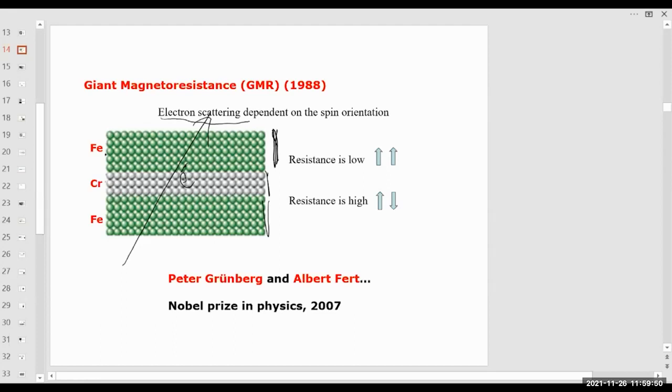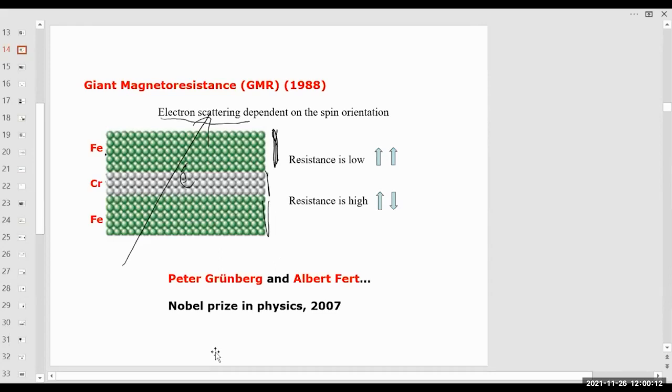So this has been used to store bits of data. Without this, our storage devices in computers, reading, writing, calculating, all this would not have been possible.